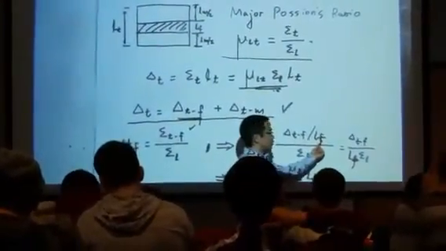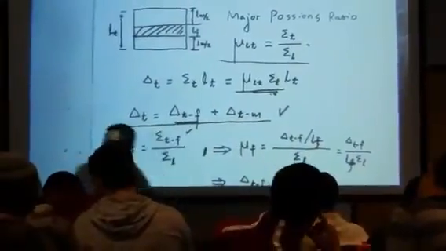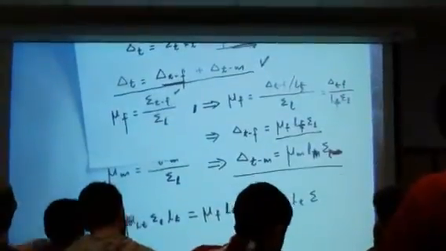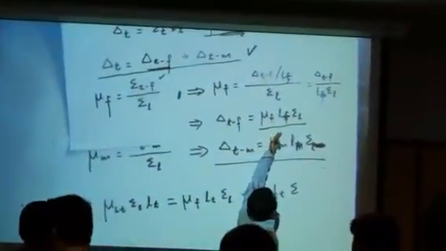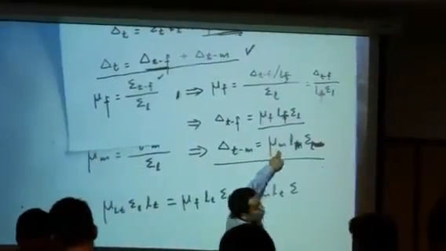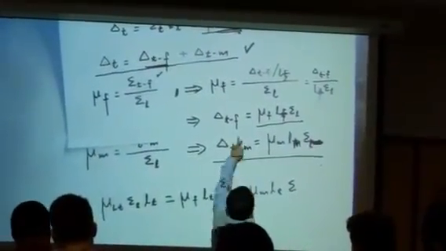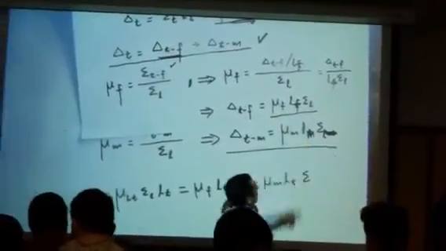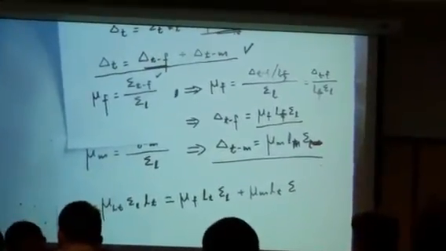That is how come we should have LF, the height of filament. And then corresponding to that, this one should be mu M LM epsilon L. From this equation, I just replace F with M. Mu F LF epsilon L, I'm going to replace F with M. This one becomes M, this one becomes M. Okay. And then it is consistent.